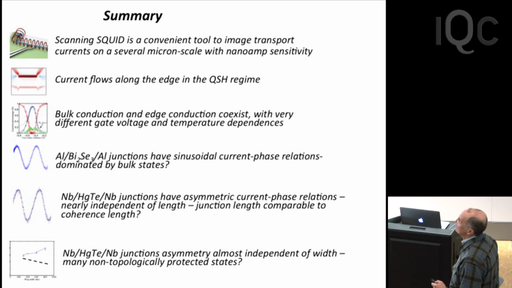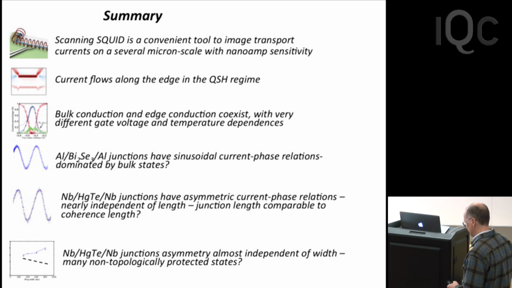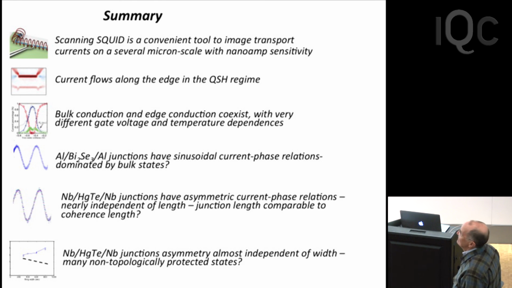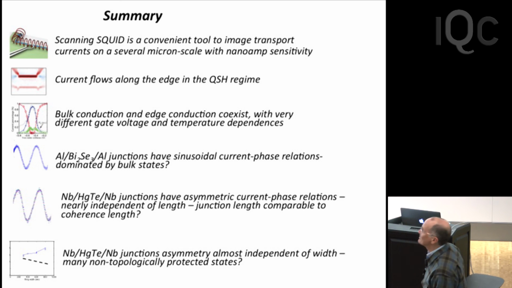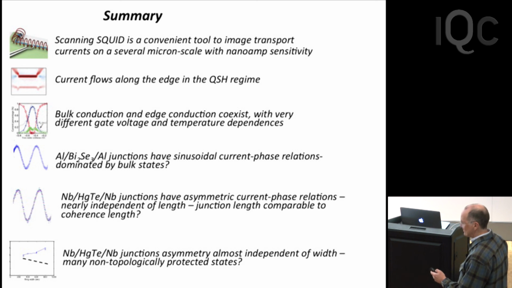It resolves things on a micro scale and has sensitivity on the nanoamp scale. We've demonstrated that in a two-dimensional topological insulator, the current flows along the edge when you're in the quantum spin-Hall regime. That is, when the Fermi level is in between the conduction band and the valence band.